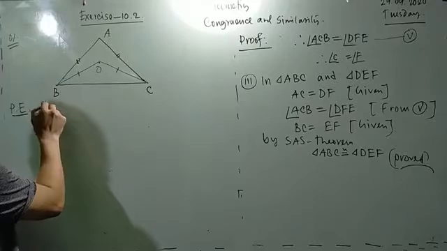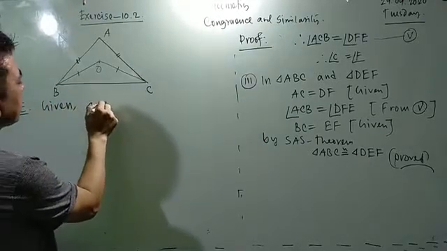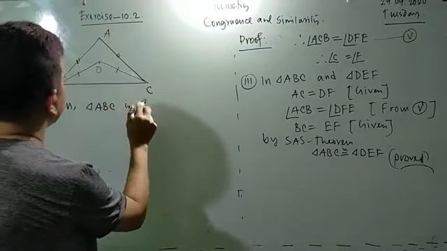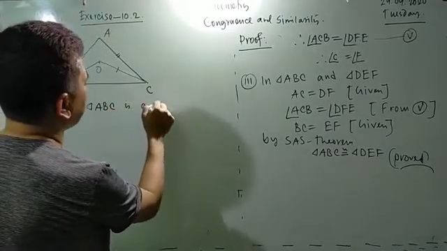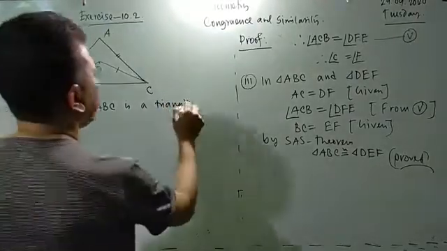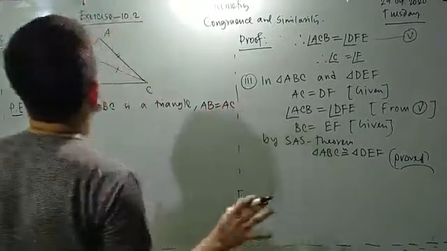Given: ABC is a triangle, AB equals AC. It's given in the question.